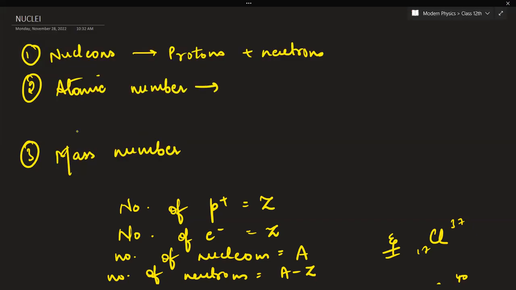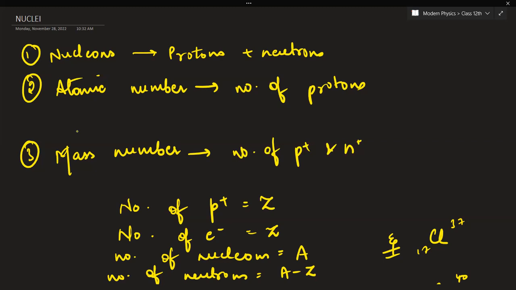Atomic number is basically the number of protons in a nucleus. And mass number means number of nucleons. Nucleons, not neutrons. That is, number of protons and neutrons.